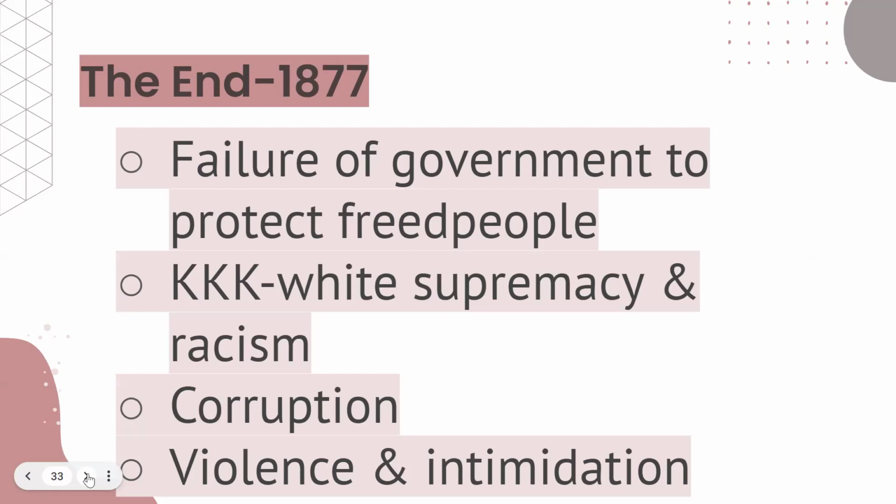You have the development of the KKK, white supremacy and racism that takes hold in the South. Governments, especially in the South, were corrupt, but even the presidency at that point was corrupt. And the legacy of violence and intimidation towards Black Americans at this time was shameful, and it was terrifying.